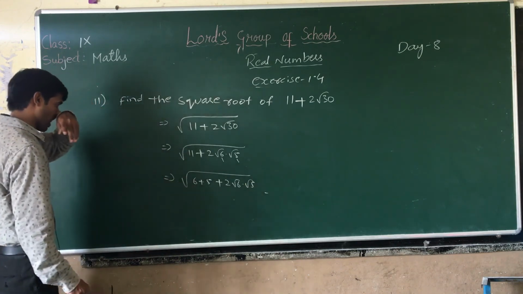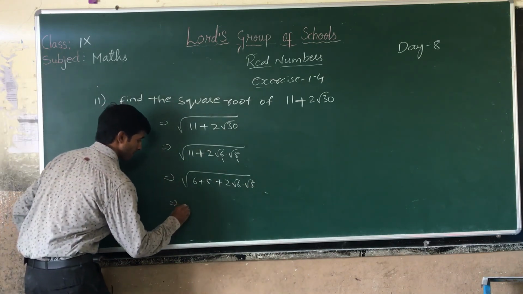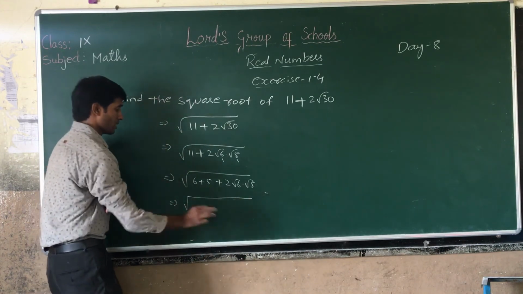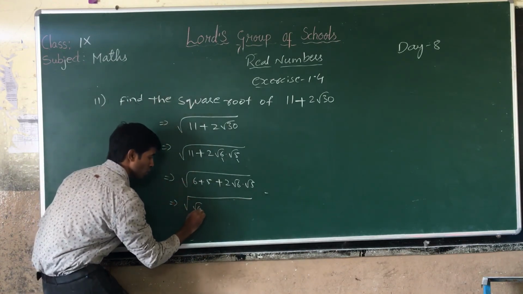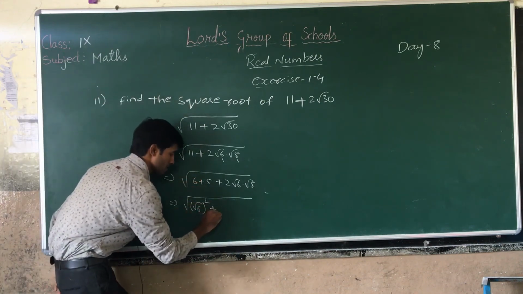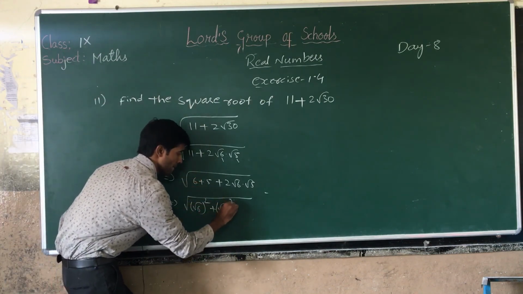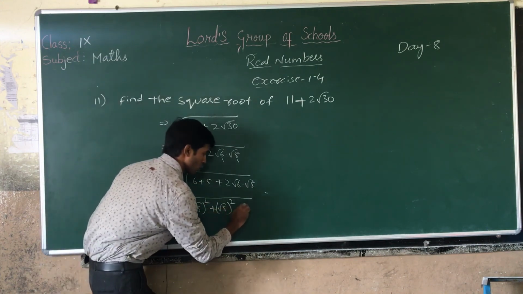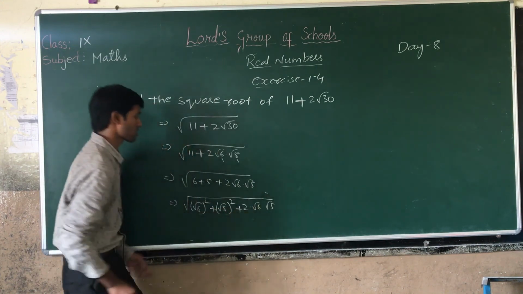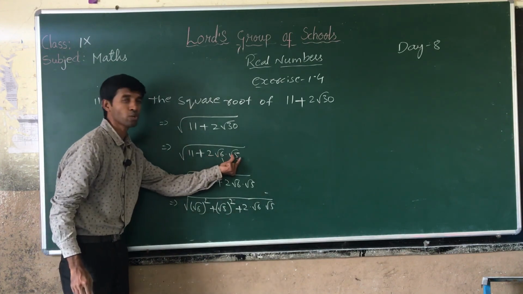Now again we will convert this. 6 can be written as root 6 whole square, 5 can be written as root 5 whole square, plus 2 into root 6 into root 5. Actually we know this as 2 into a into b.